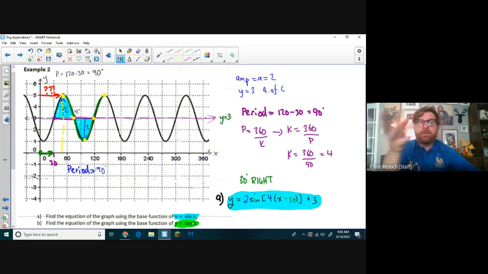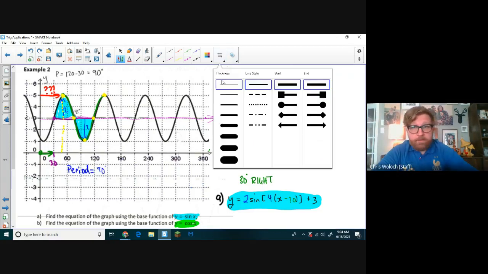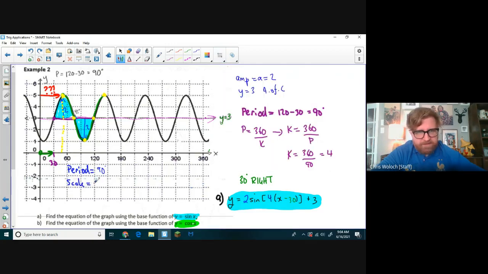So if you remember when we did yesterday's questions, you had to determine the scale for the key points. You would take the period divided into four equal chunks, right? So here we could figure out the scale is just going to be 90 divided by 4, right?